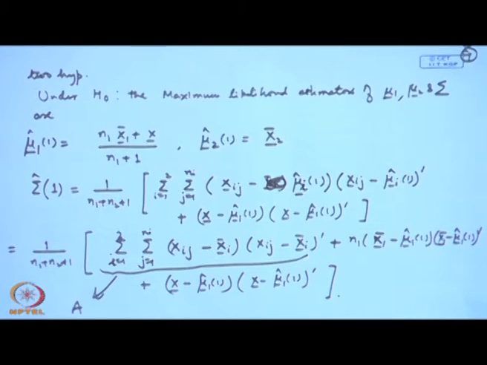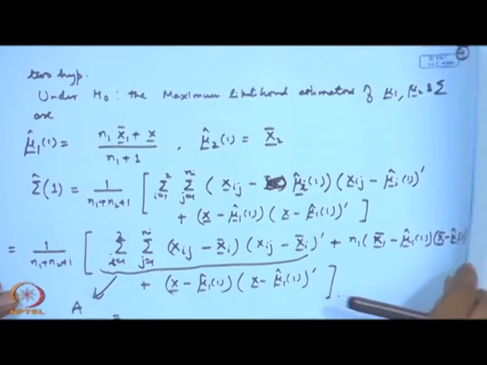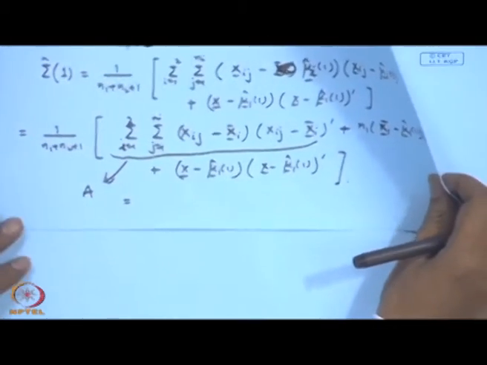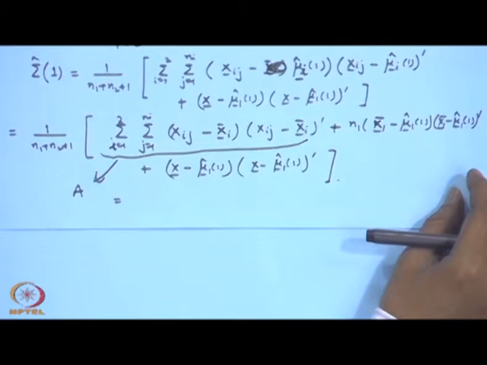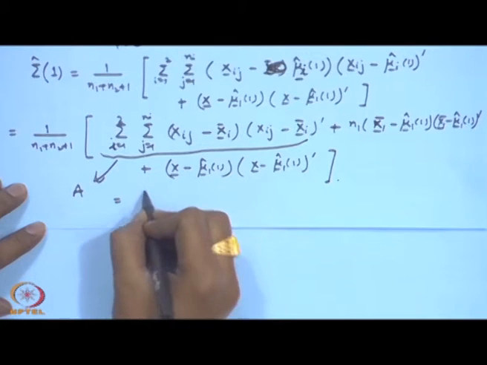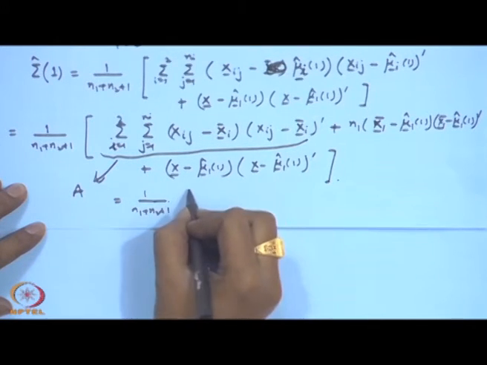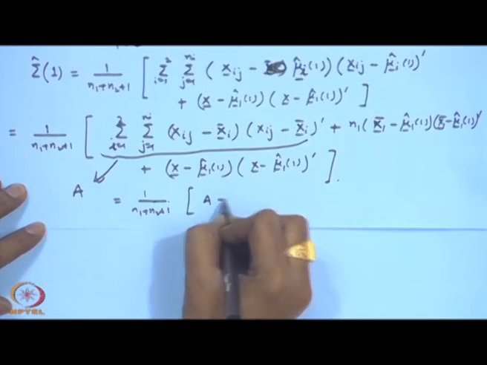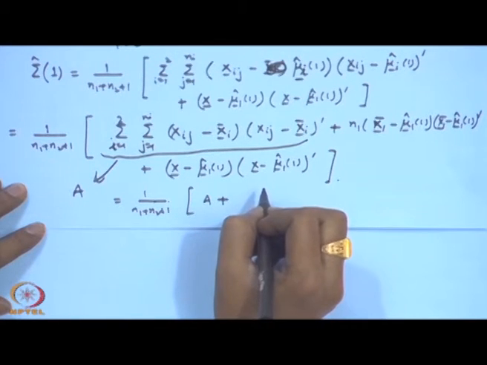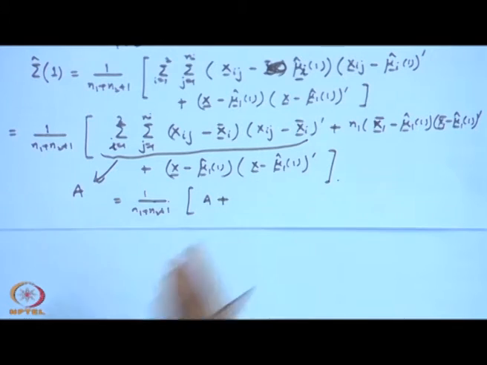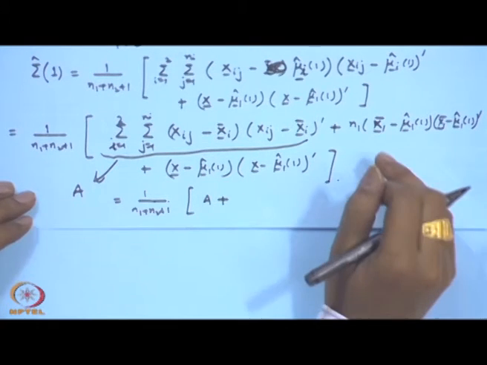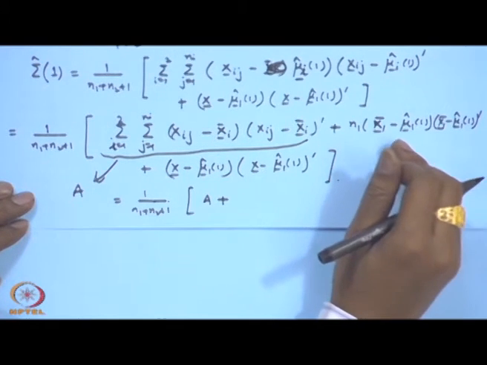So, then we can actually express it in this particular fashion as 1 by n 1 plus n 2 plus 1 A plus, and see these two terms, again there is some sort of combining that can be done.